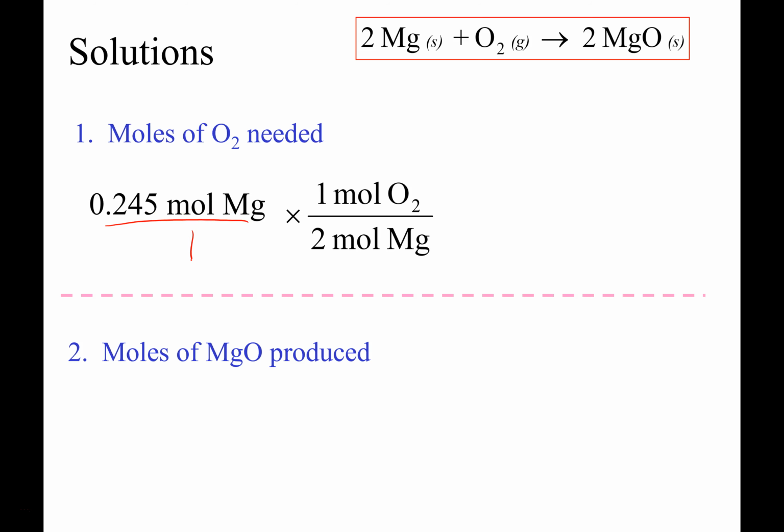Now, when we've been balancing our equations with stoichiometric coefficients, in this case a coefficient of 1, a coefficient of 2, those are exact numbers. They introduce no uncertainty to the problem. So you're looking at 3 sig figs. So simply then the amount of O2 that must react with that amount of Mg is 0.123 moles.